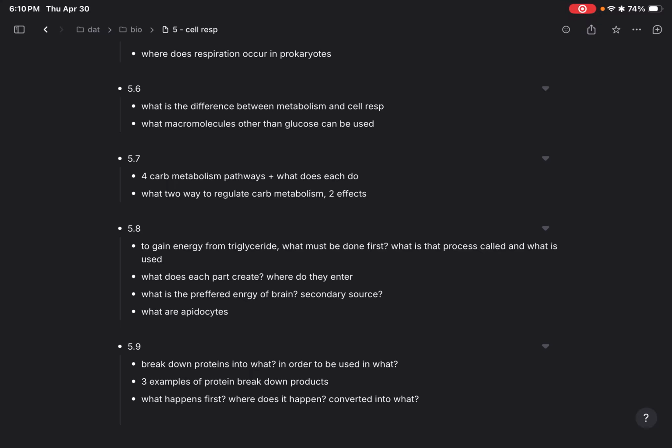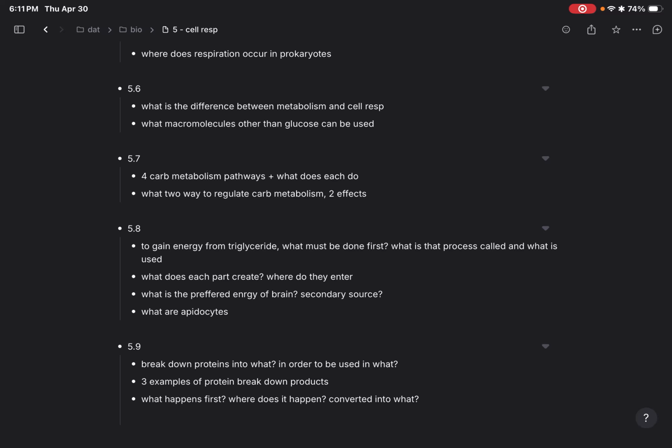What does each do? Glycogenesis forms glycogen from glucose, or glucose 6-phosphate. Glycogenolysis goes from glycogen to glucose 6-phosphate. Gluconeogenesis forms glucose or glucose 6-phosphate from other macromolecules. Glycolysis goes from glucose 6-phosphate to pyruvate. So the crossroads here is glucose 6-phosphate.